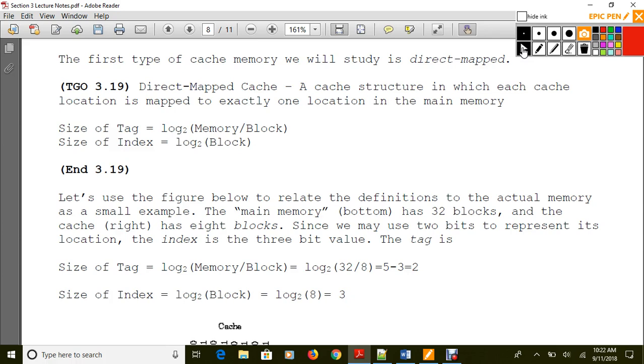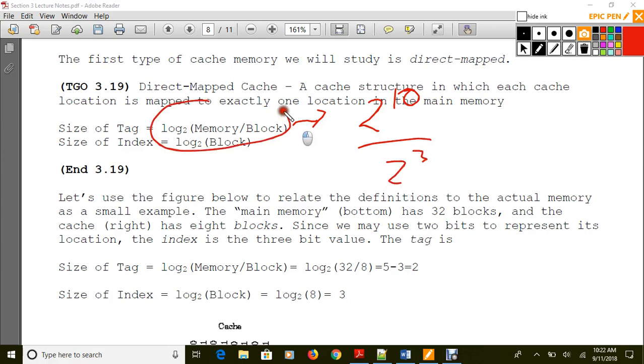And the size of the tag is going to be log base 2 of the memory over the block. And for those of you who are going, oh no, logarithms, everything in here is binary. So if you have a main memory that's 2 to the 10, and your block is 8 bits, that's just 2 to the 3, so that becomes 10 minus 3, which is equal to 7.